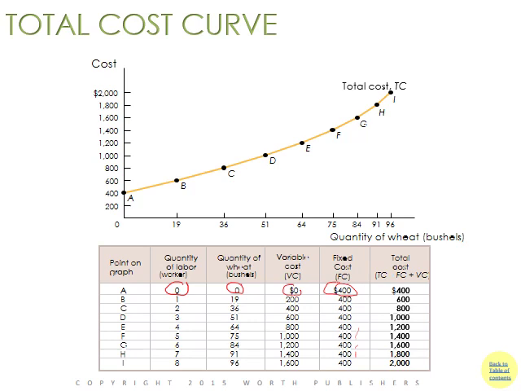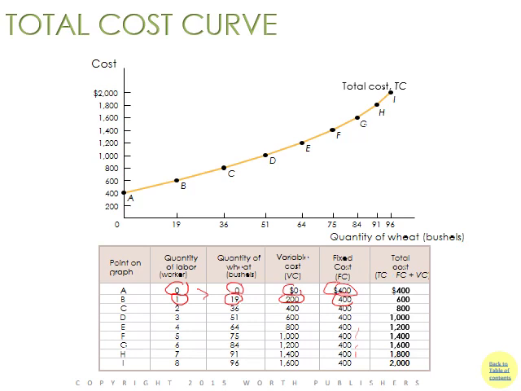Okay, so now we're employing one worker, and we're producing 19 bushels of wheat. The marginal product of that worker was 19. Our fixed cost is still $400. Our variable cost is $200.